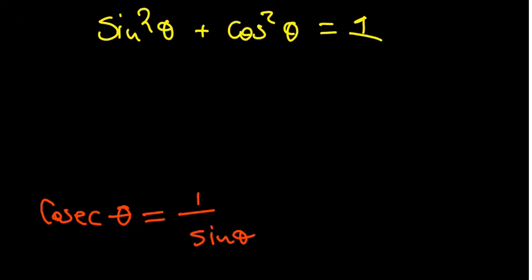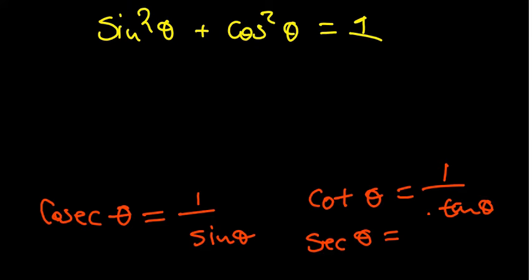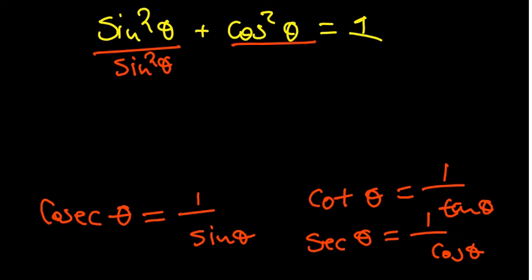And then I said cotangent is 1 over tan, which is essentially cos over sine. And then of course we did also talk about secant, which is 1 over cosine theta. So we can divide the entire equation by sine squared theta. So if you just know the first equation, that sine squared theta plus cosine squared theta is equal to 1, then you're able to derive the other identities from there.